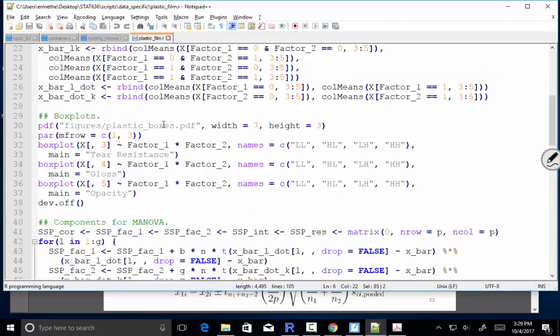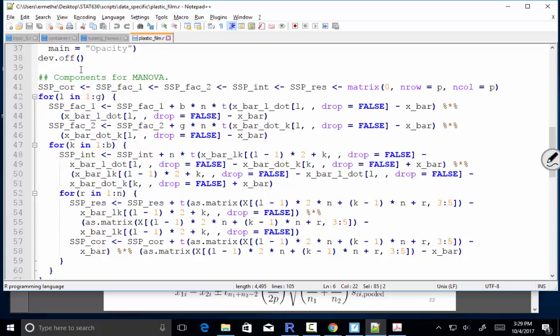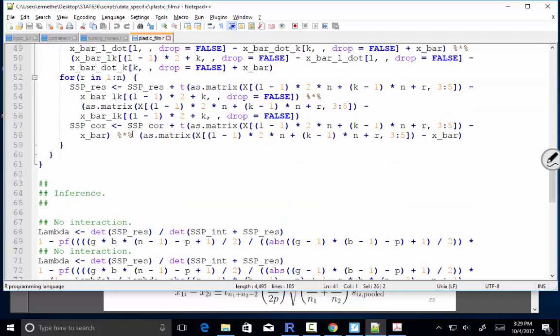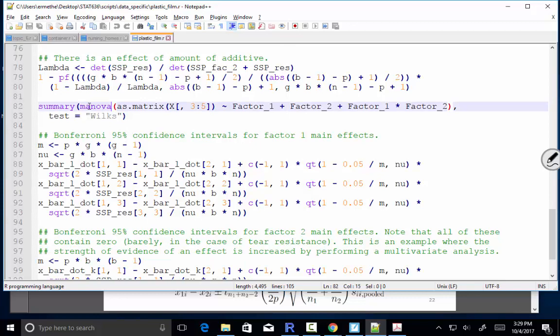So this code is an example of MANOVA, and specifically an example of what we're going to call two-way MANOVA. This code, by the way, has an example of using a built-in MANOVA function.